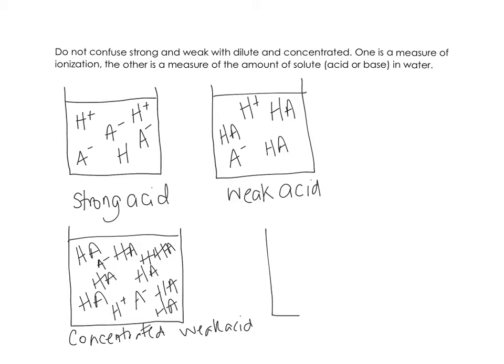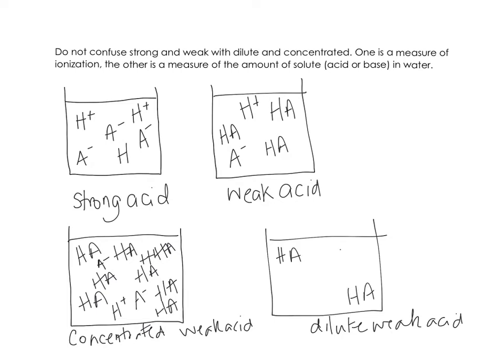If I have a dilute, I could have a dilute strong or a dilute weak, but we'll go with dilute weak to be consistent. That means I have very few particles of acid in my beaker or my container.